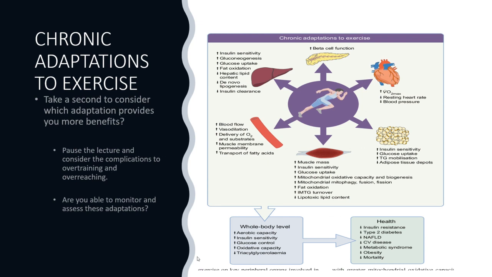If we're overtraining, are we able to monitor these metabolic byproducts of fatigue and overtraining? As you can see, insulin insensitivity occurs when, as with diabetics, we're not burning fat.